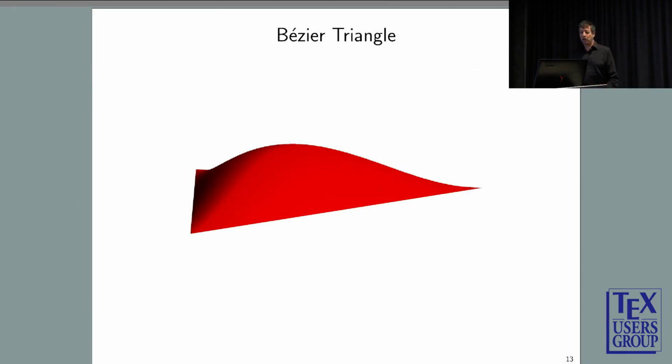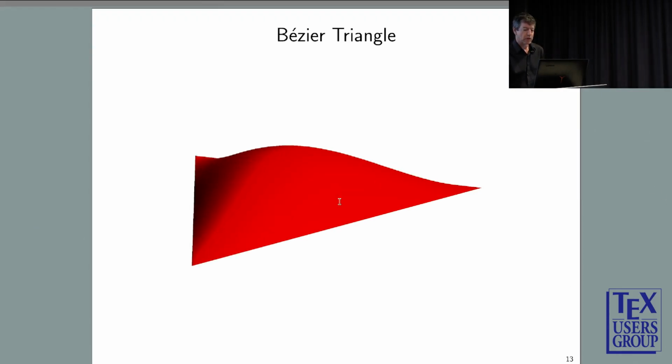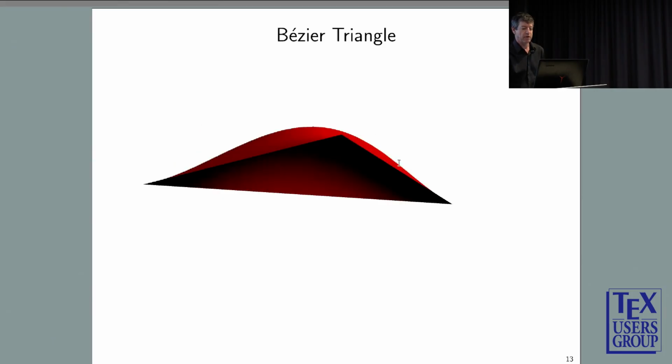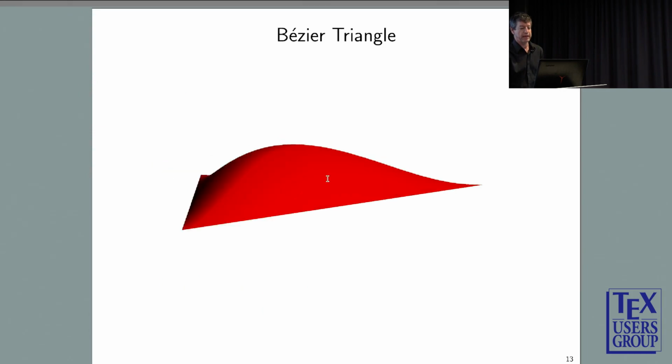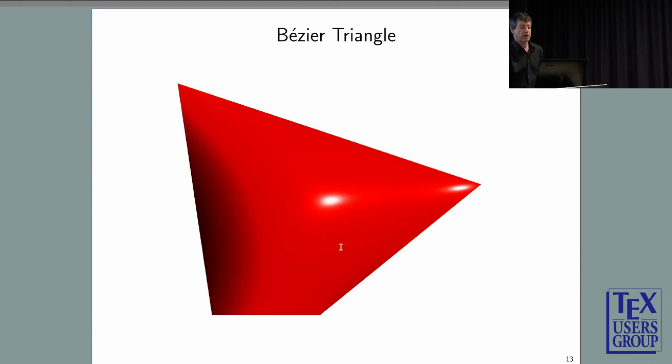Here's a Bezier triangle, and this is now done with the new plugin. Back in 2010, even 2008, I could do this when I was teaching surfaces of revolution in my calculus classes. My students were on their laptops, and they all had Adobe Reader, and they could view this with Adobe Reader. But unfortunately, Adobe Reader a few years later was no longer supported on the new machines the students had.